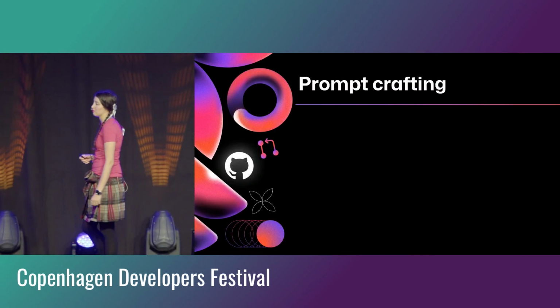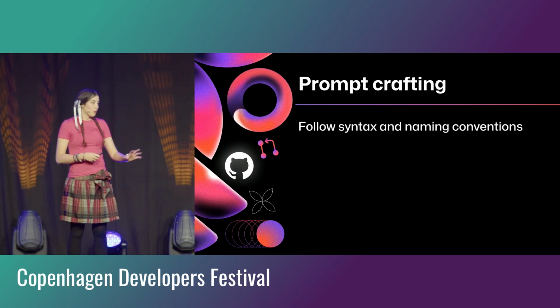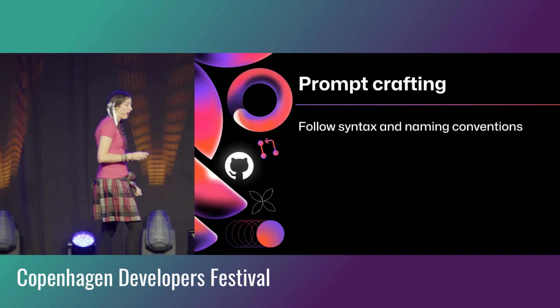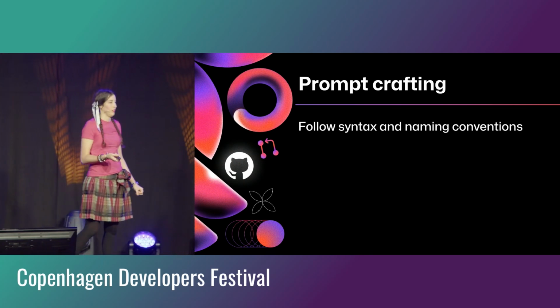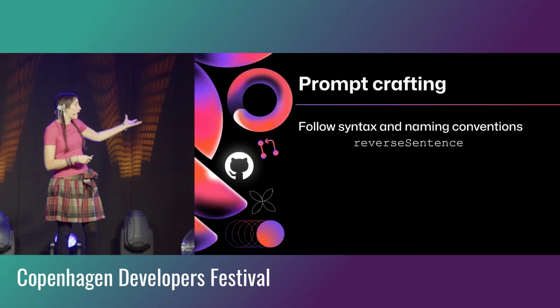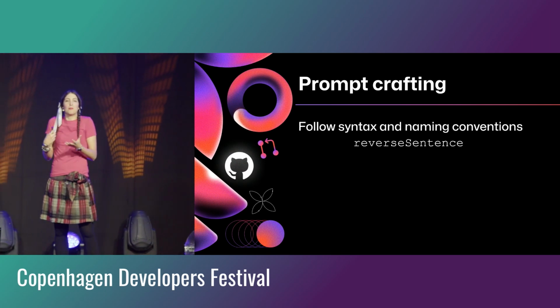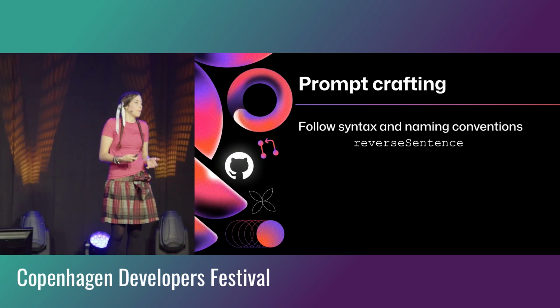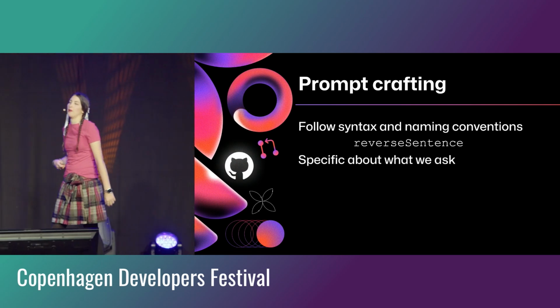So here are some ideas we can think about when we're looking at prompt crafting. For those examples that I showed you, I followed, in most cases, good syntax and naming conventions. GitHub Copilot gave me this one, but if I was going to ask for functions as well, think about the types of things we're asking for. Being meaningful, being intentful. I was specific about what I asked.